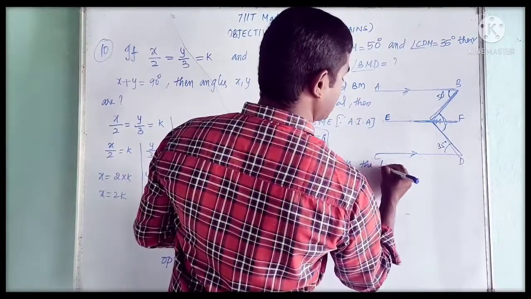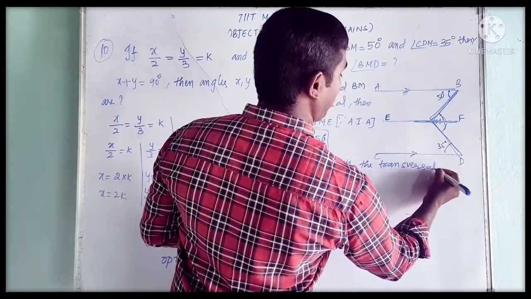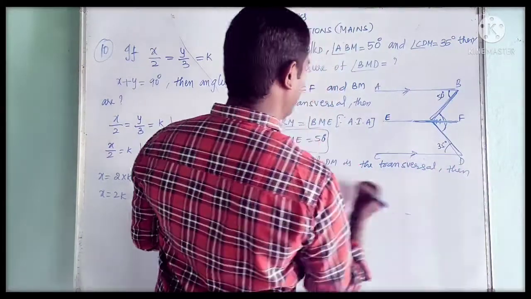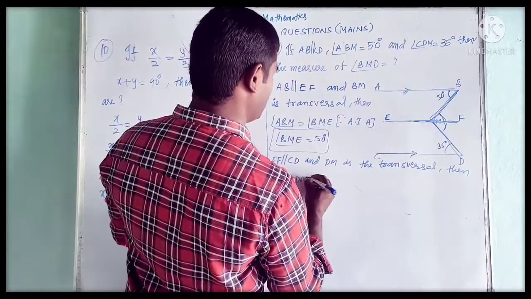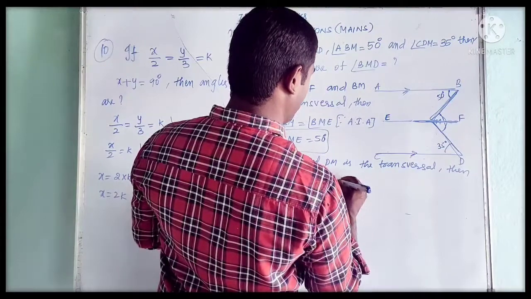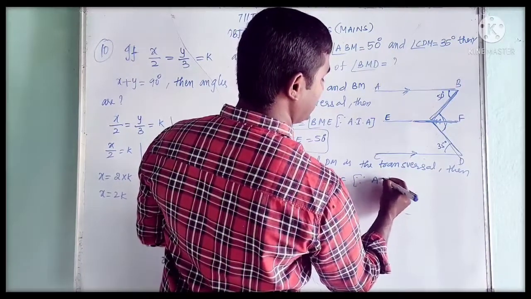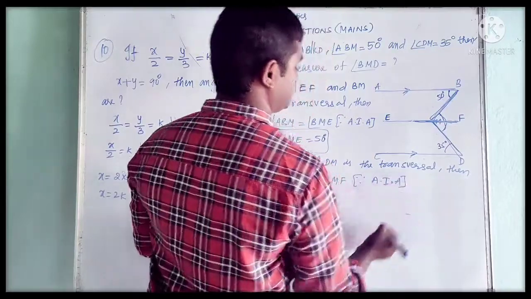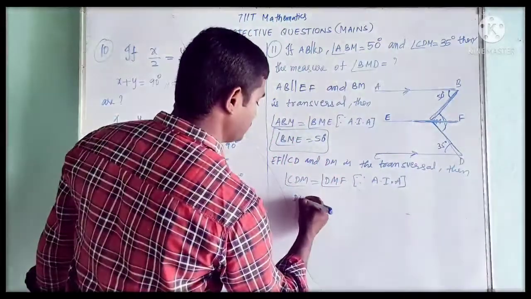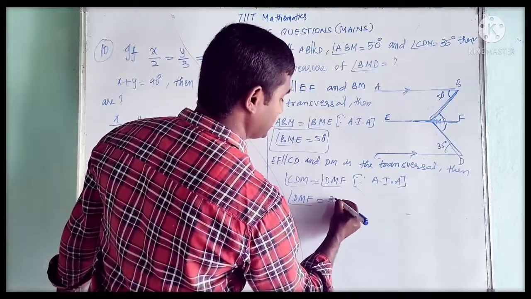DM is the transversal. Then we can write angle CDM equal to angle DMF. Why are these two angles equal? Alternate interior angles. So DMF equal to, we can write, 35 degrees.